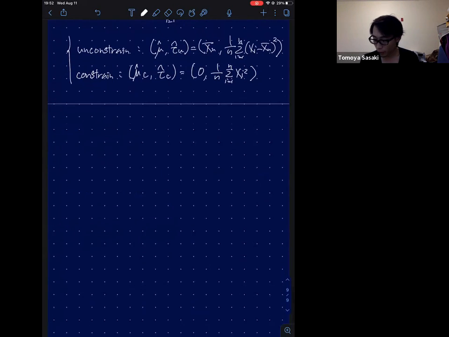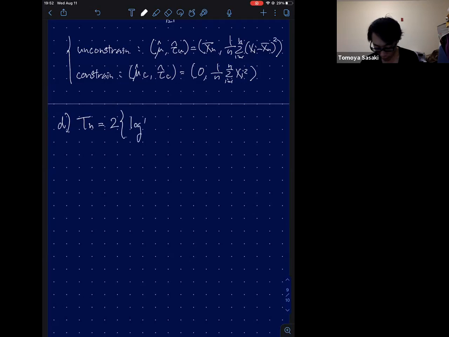To construct a likelihood ratio test. I'm not going to ask you, maybe. We are just asked to construct a likelihood ratio test. So it's simply going back to the formula, right?